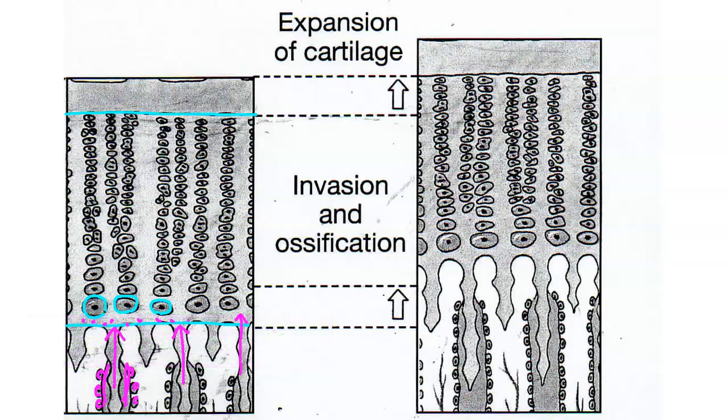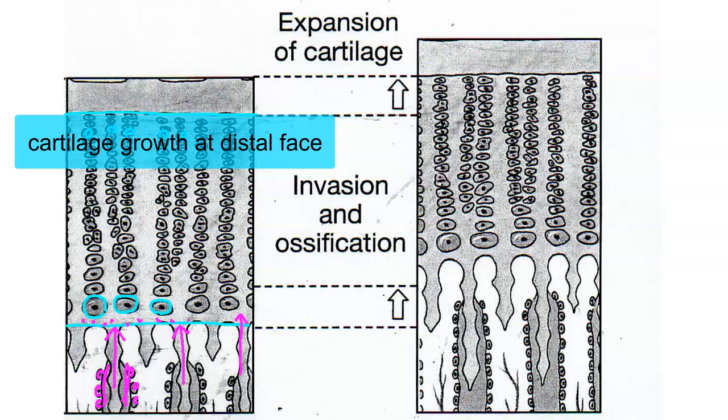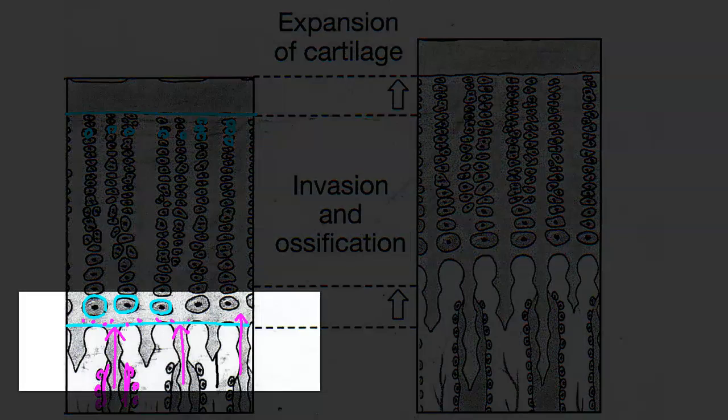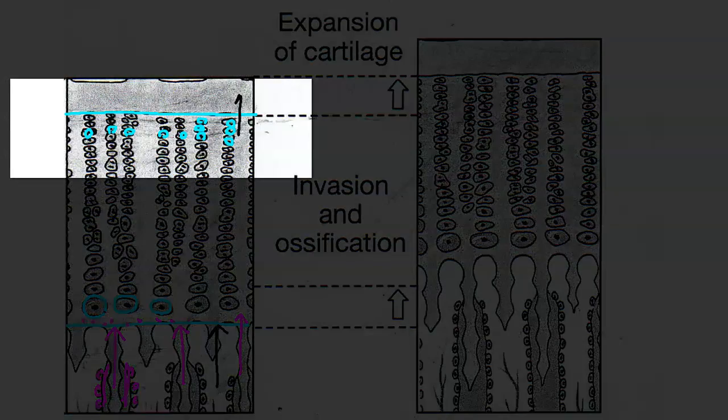At the same time that that's happening, the cartilage cells at the distal end of the epiphyseal plate are in a rapid state of mitosis, and so they're growing. So what you have here is a dynamic where bone formation is invading at the proximal face, but cartilage growth is occurring at the distal face.